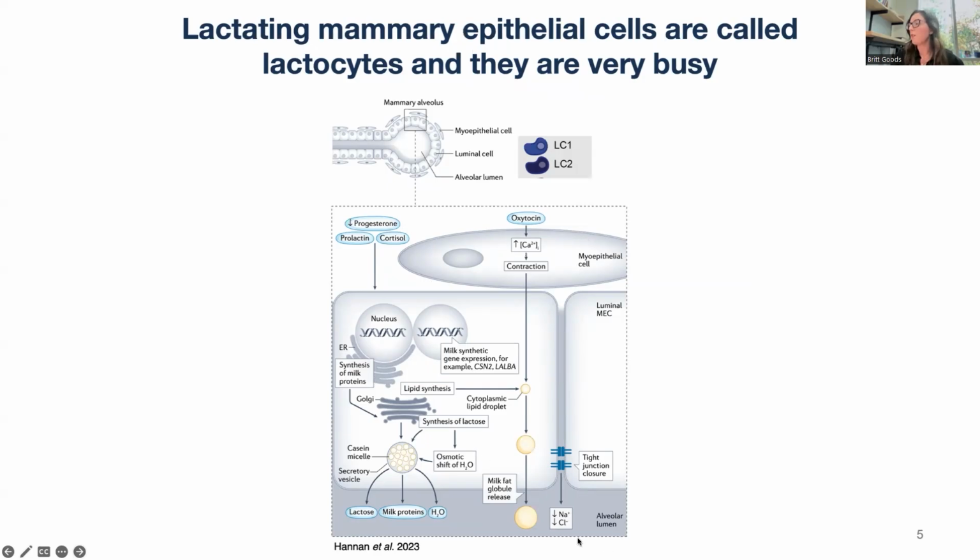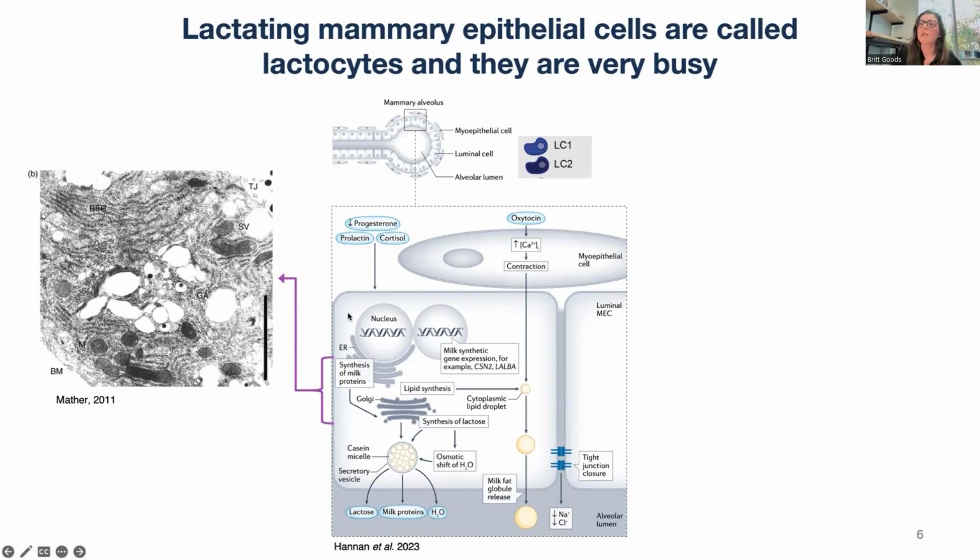Then you have the alveolar lumen, where the milk components will actually be secreted. I really like this image because it highlights the complexity of what is going on in these cells, how many things they're making. They're synthesizing a tremendous amount of protein, transporting and even de novo synthesizing some lipids, synthesizing lactose, which is really important here, as well as maintaining osmotic balance.